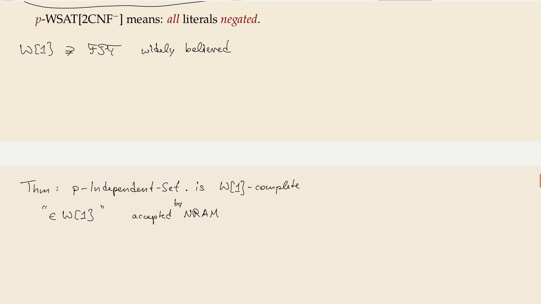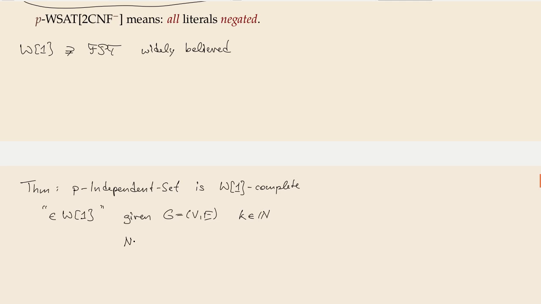So for p-independent set, recall that, okay, let's do it a bit slower. Given a graph and a number, the independent set problem asks for a subset of the nodes of size k, so that all these nodes don't have any edges in between them. We've had that a few times.